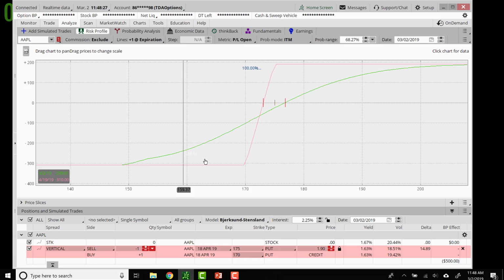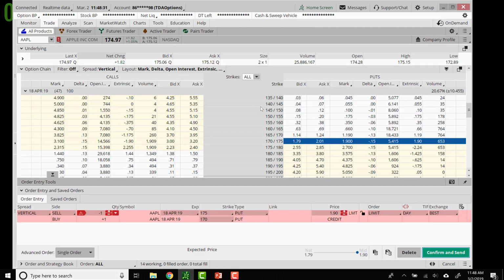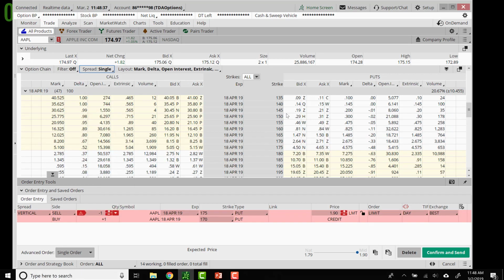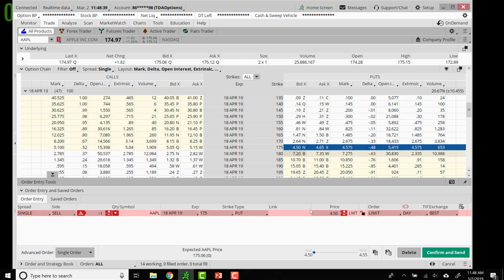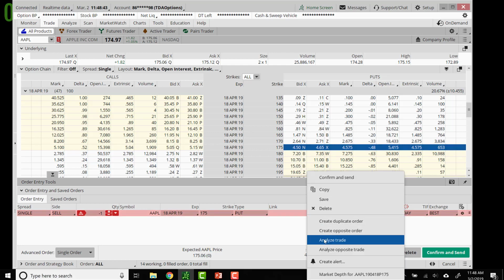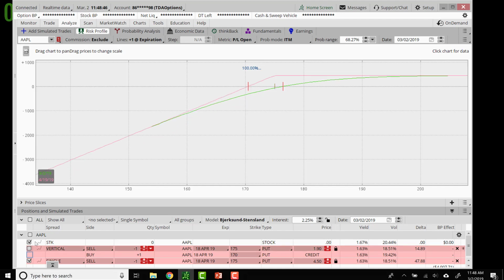Now let's look at an example of just a naked 175 put. Let's say instead of doing this, I were to just do a 175 put naked. I would receive a higher credit, but at what cost? So the credit received is $4.50 for this naked put, but look at my buying power.